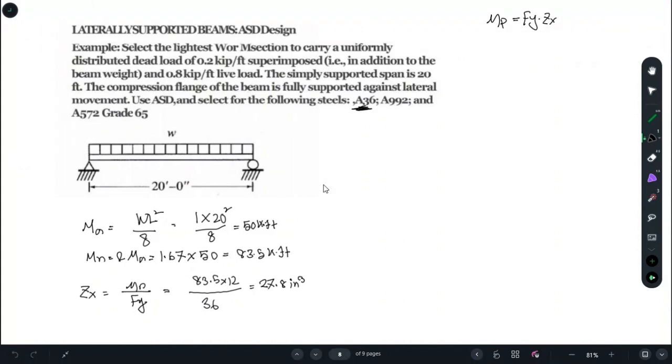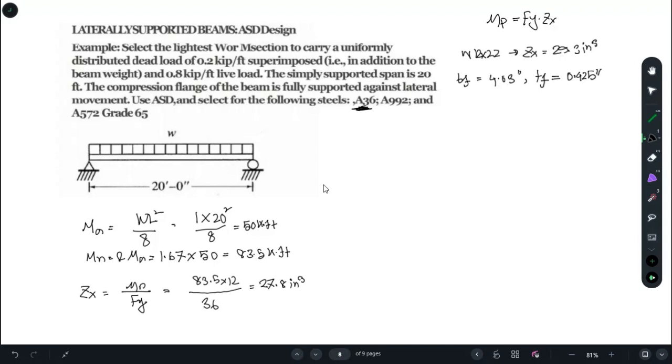Well, from this table, our section is W12x22. For that we have a Zx value of 29.3 cubic inch. We have a few other parameters: flange width as 4.03 inch and thickness of flange as 0.425 inch.